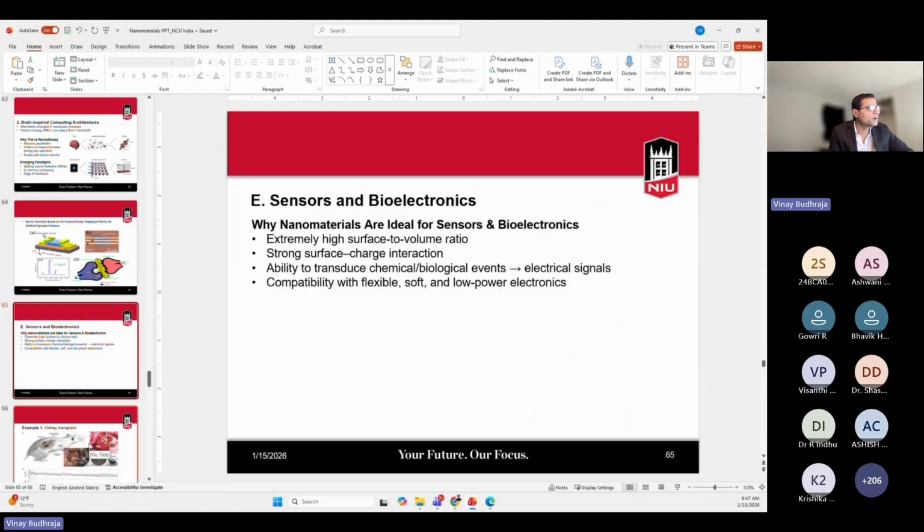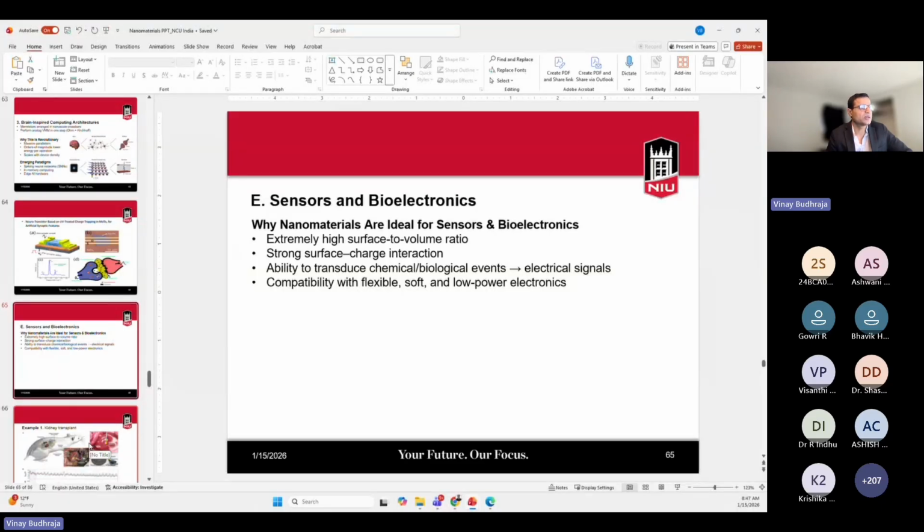Why are nanomaterials ideal for sensors and bioelectronics? They have an extremely high surface-to-volume ratio, and strong surface charge interaction, which is the functionalization mechanism. They can transduce chemical and biological events into electrical signals.